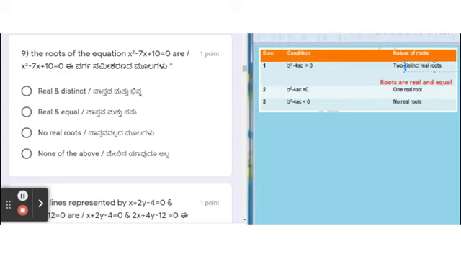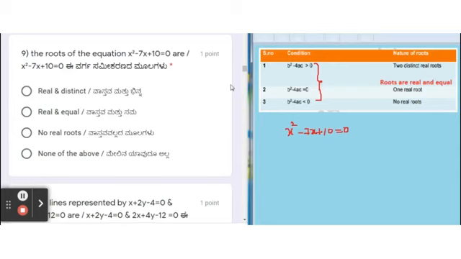Now we are going to see what type of nature of the roots this quadratic equation has: x square minus 7x plus 10 is equal to 0. Students, one question is sure to come from this nature of the roots.